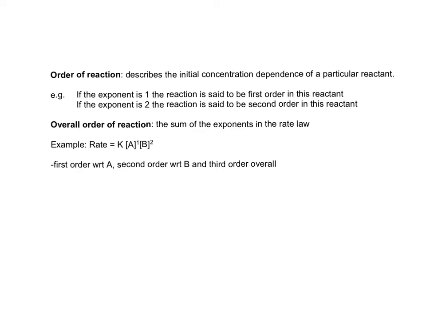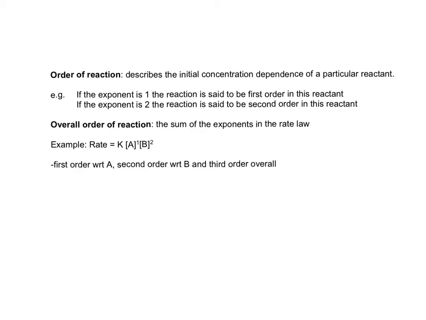Okay, so order of reaction. This describes the initial concentration dependence of a particular reactant on the rate. So if the exponent is 1, the reaction is said to be first order. You can have zero order too, if the exponent is 0. If the exponent is 2, the rate is said to be second order, 3, third order, and so on.